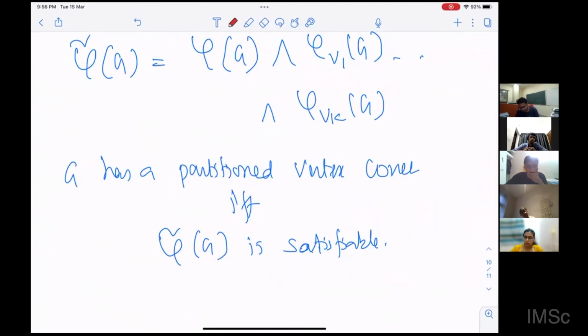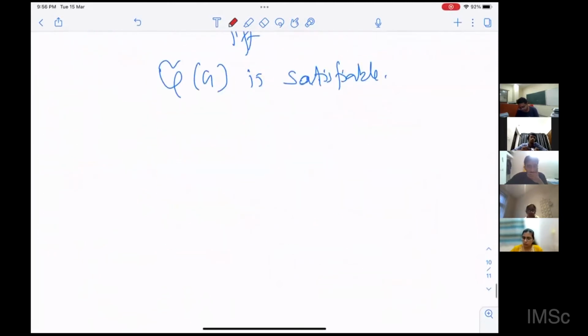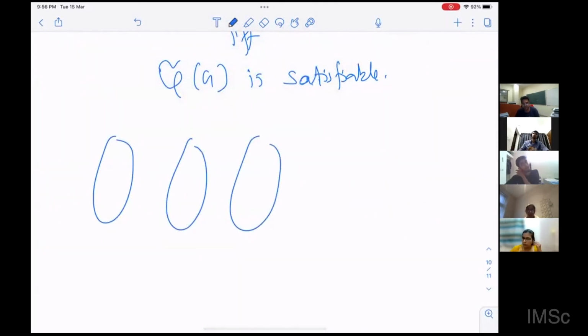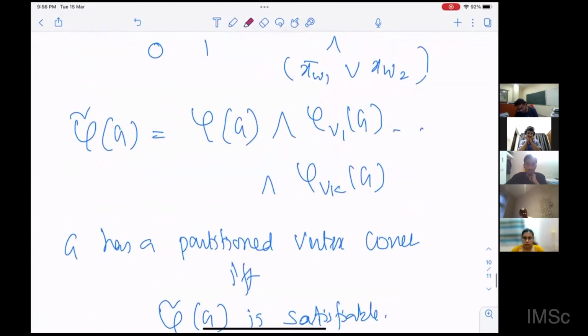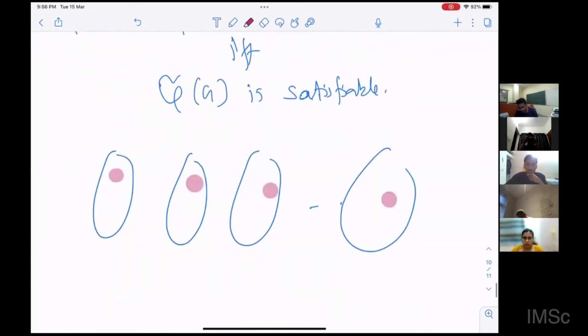Okay. So the forward direction is what? You picked up one vertex from each of these parts, right? Now look at the clauses which come from phi of G. They are vertex cover clauses. If you have a vertex cover, then this phi of G is definitely satisfiable, right? So this does form a vertex cover, so this is satisfiable.